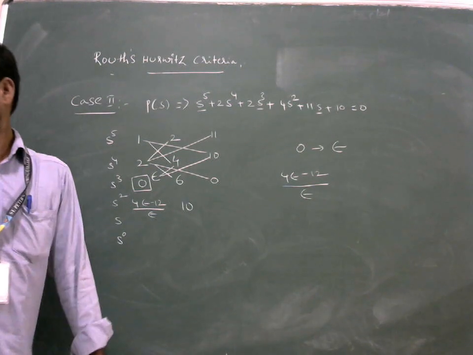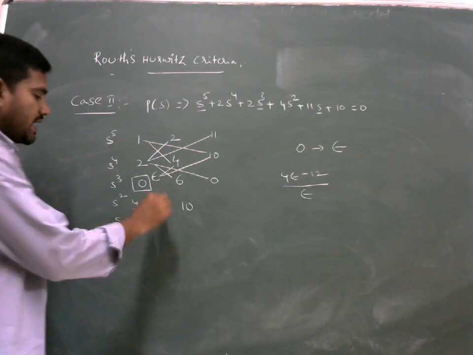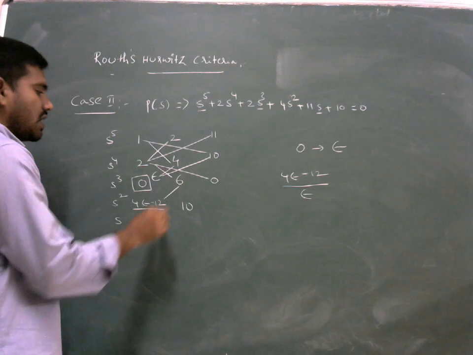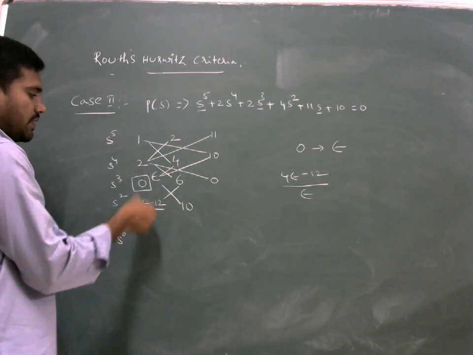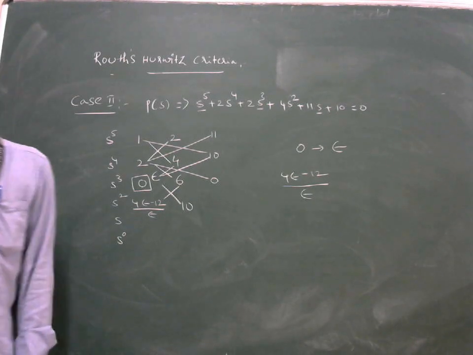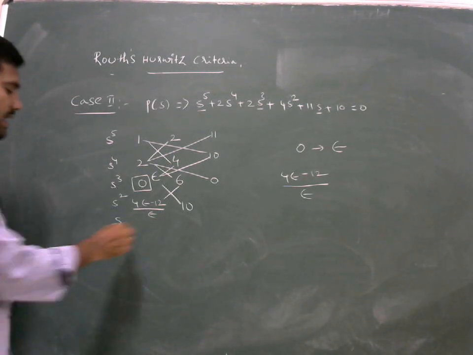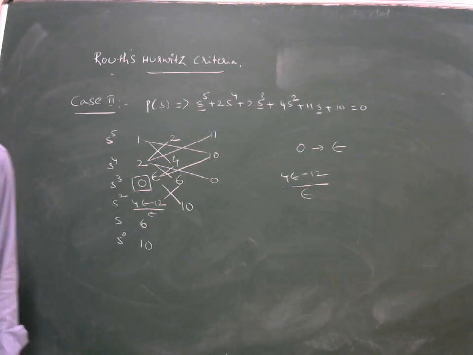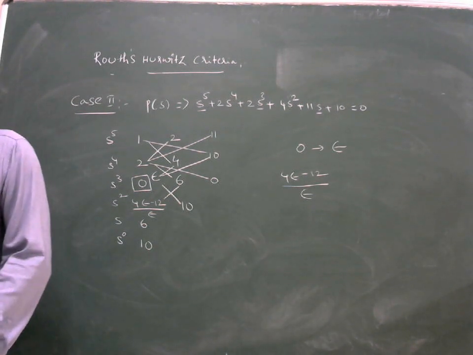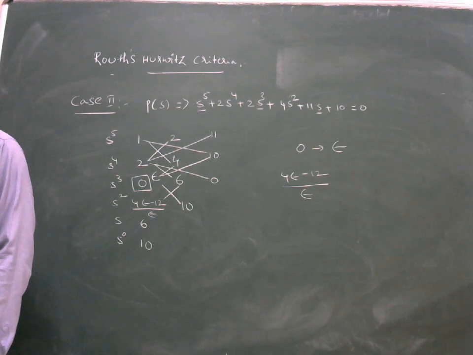And for the next one, with the same calculation, 4 into epsilon minus 10 into epsilon, the whole divided by this, we get 6 and 10. Same calculation. The only change is that you need to substitute.